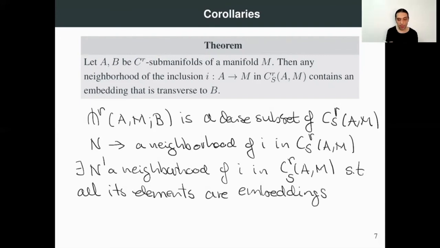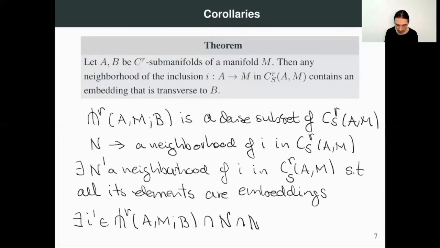But since the set of maps that are transverse to B is dense in the space of CR maps, there exists I prime that belongs to the set of maps transverse to B, to the neighborhood N, and to the neighborhood M prime.